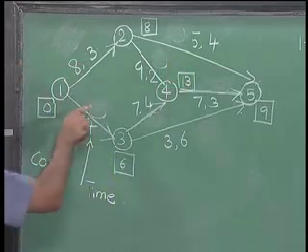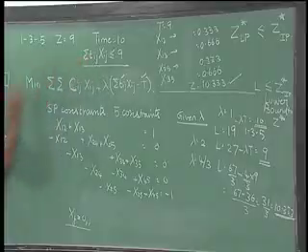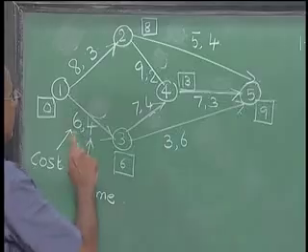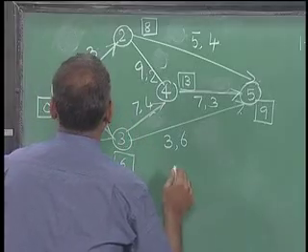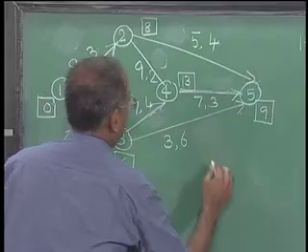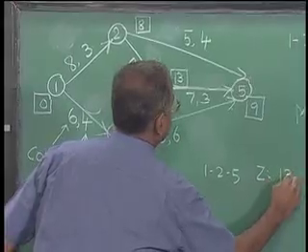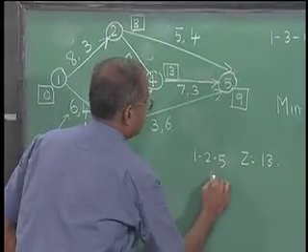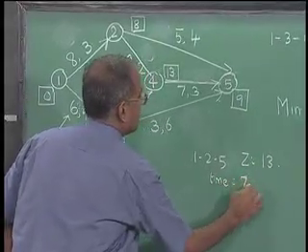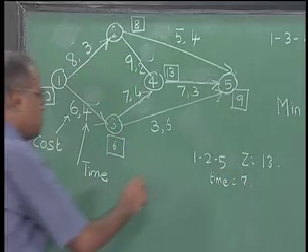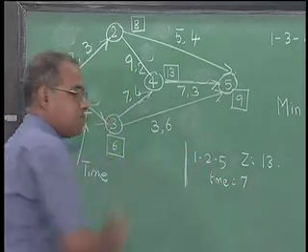For this, if we put an additional restriction that the sum of Tij Xij is less than or equal to 9, then we know that there is a solution with 1, 2, 5 with z equal to 13 and time equal to 7. Now, this is actually the optimal solution to the problem.